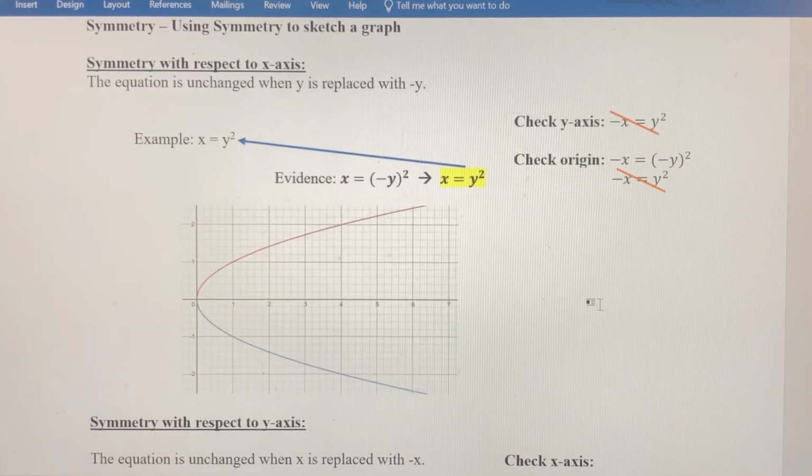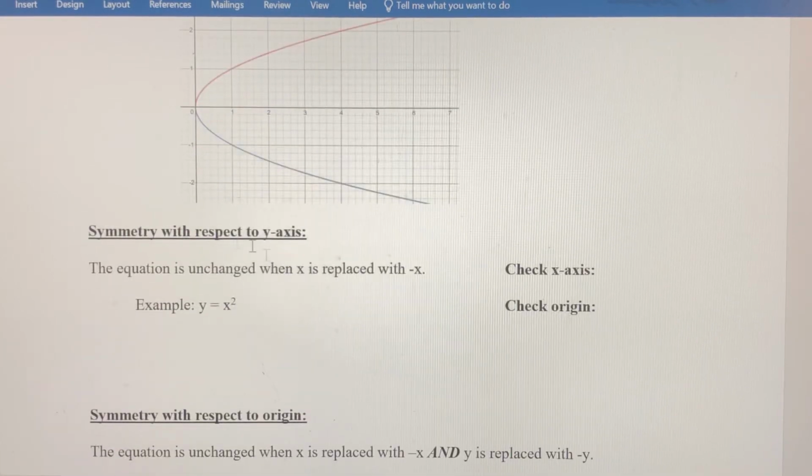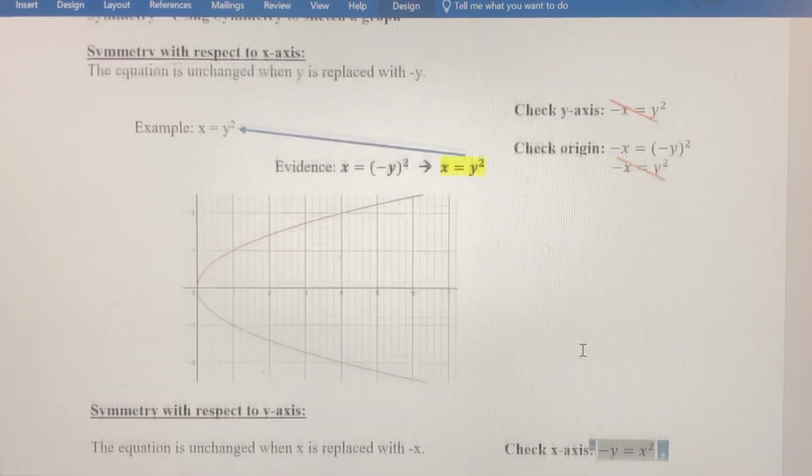All right, now let's do some symmetry with respect to the y-axis. I'm already telling you this equation, which is a function, has y-axis symmetry. Let's go through that and verify that we don't have x-axis symmetry. We replace y with negative y, checking x-axis symmetry.